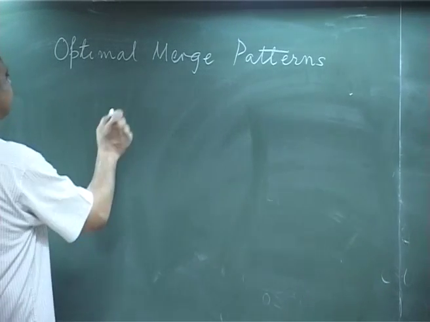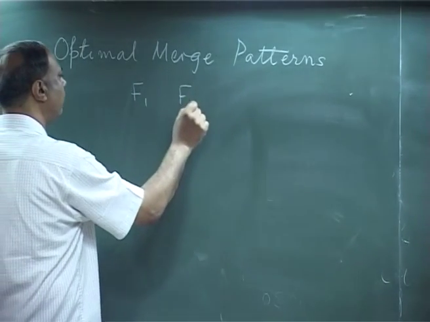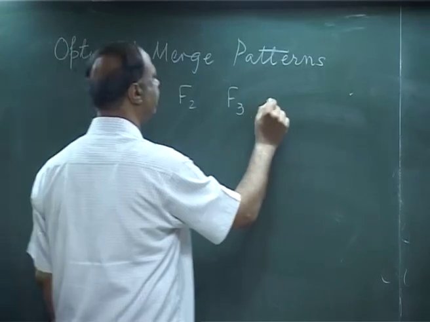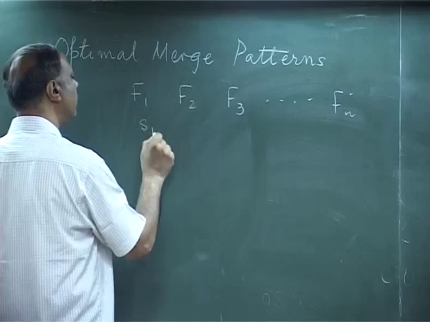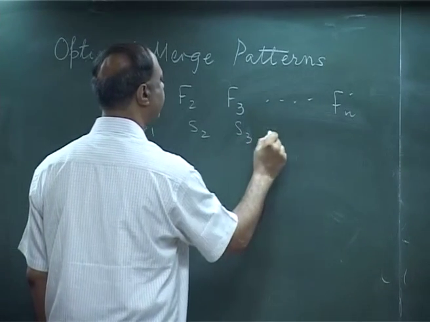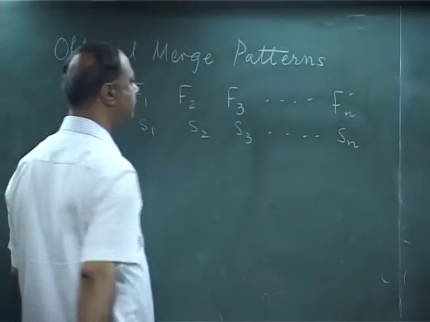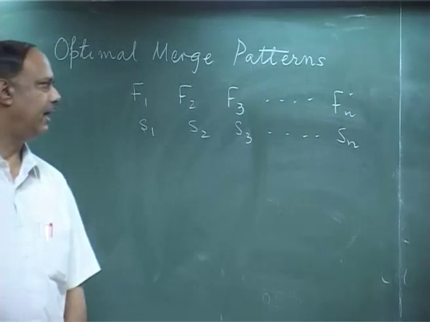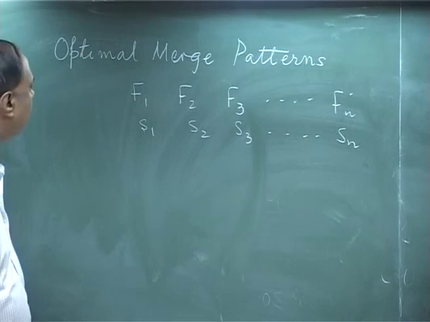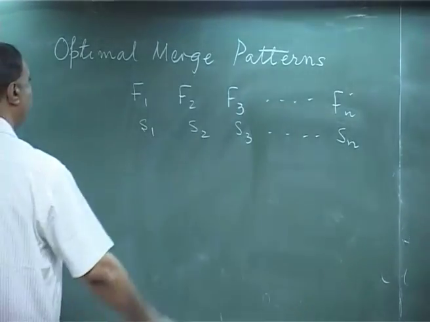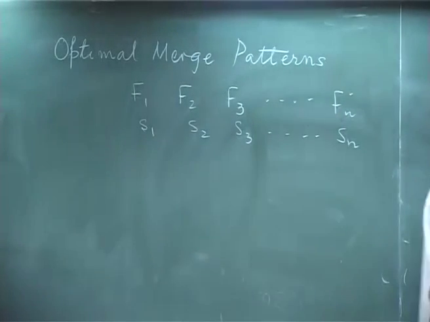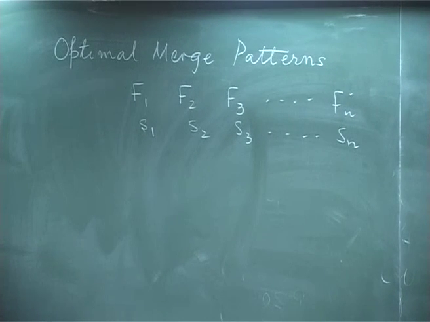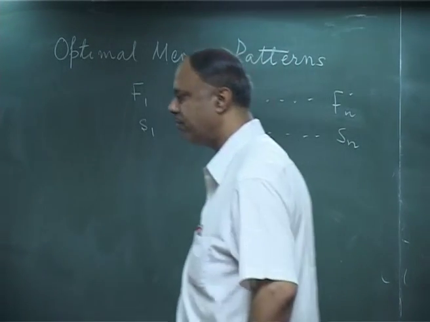Suppose I have files F1, F2, F3, up to Fn, and the sizes are S1, S2, S3, up to Sn. So you have n files, and file i has the number of records Si. Now the problem is that we want to merge all these files into one file.